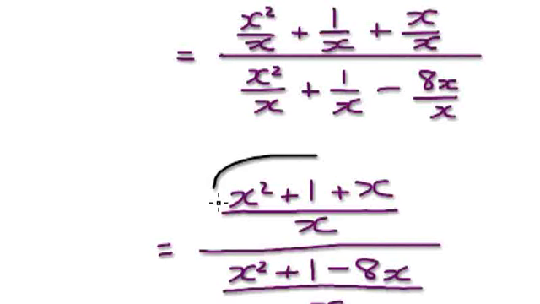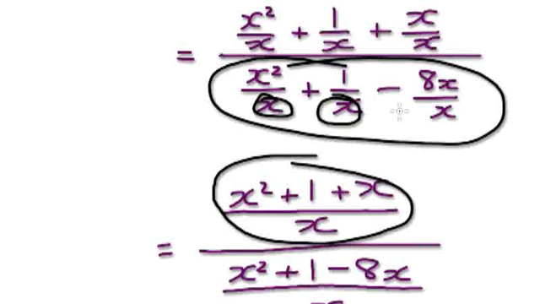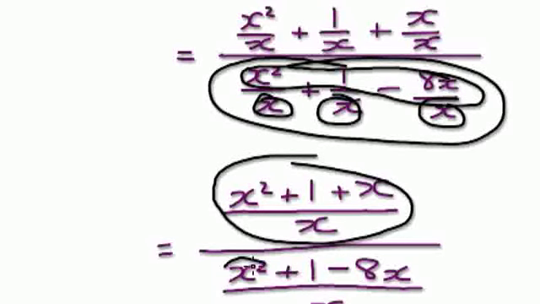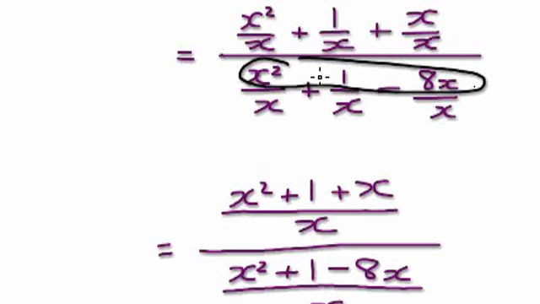So that becomes this. And do the same down here. All the denominators here are the same, so you can merge all these together. So that becomes x squared. So merging all these together will give you this.